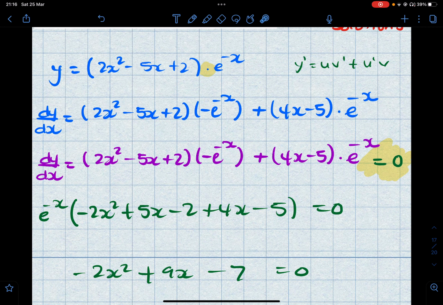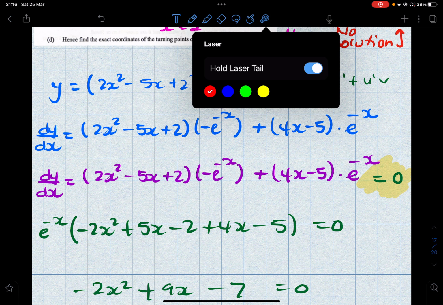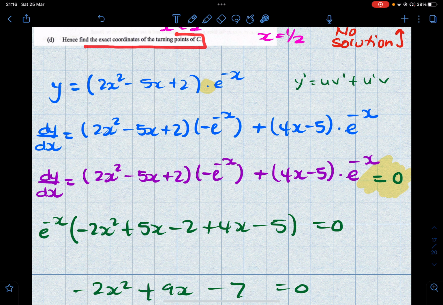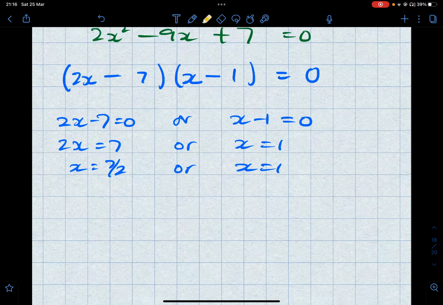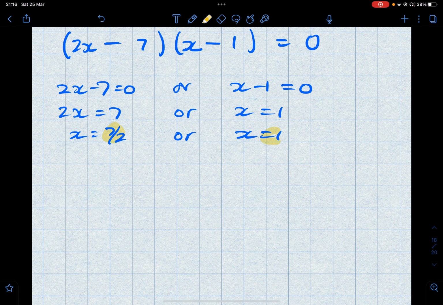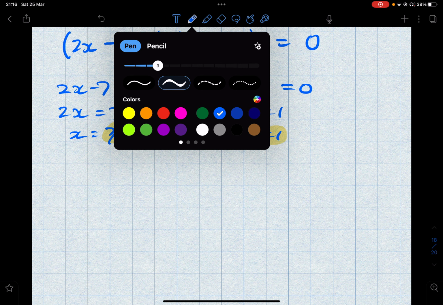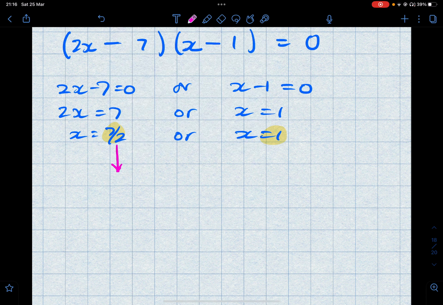What was the question asking for? It says find the exact coordinates of the turning point, and it says turning points, so there's more than one point. So we found the two x's, we still need to find the two y's.